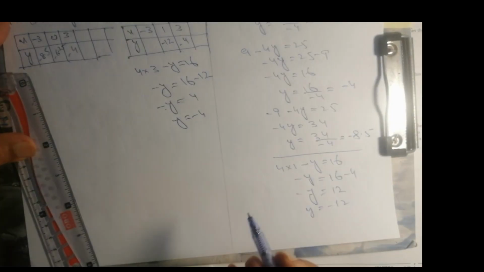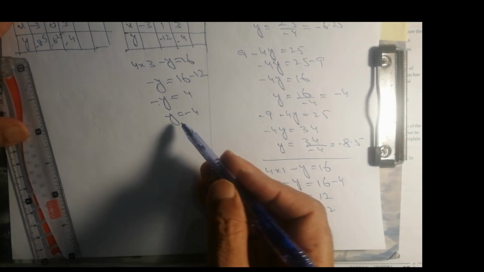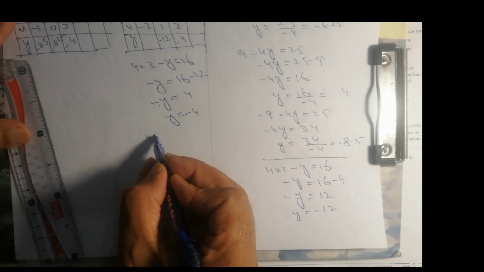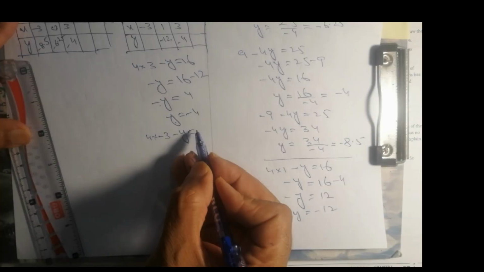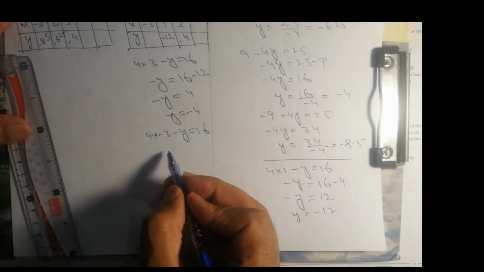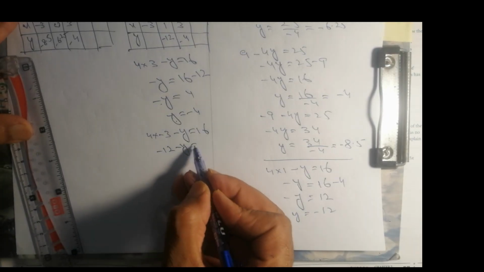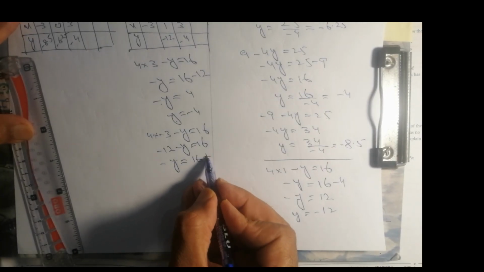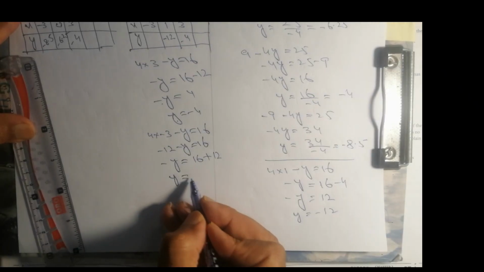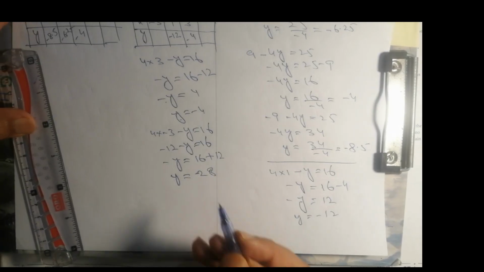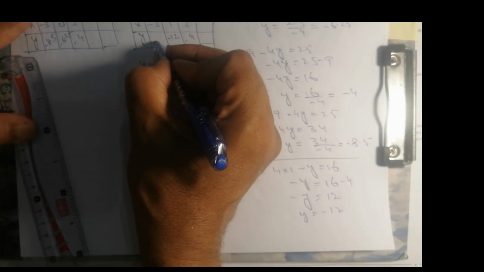So for the value 3, against it is minus 4. And now x equal to minus 3: 4 into minus 3 minus y equal to 16, minus 12 minus y equal to 16, minus y equal to 16 plus 12, and y equal to minus 28.